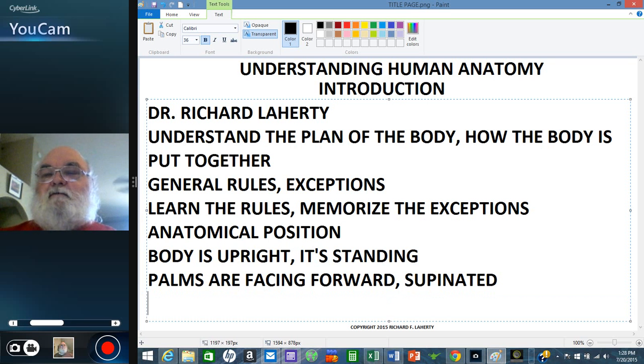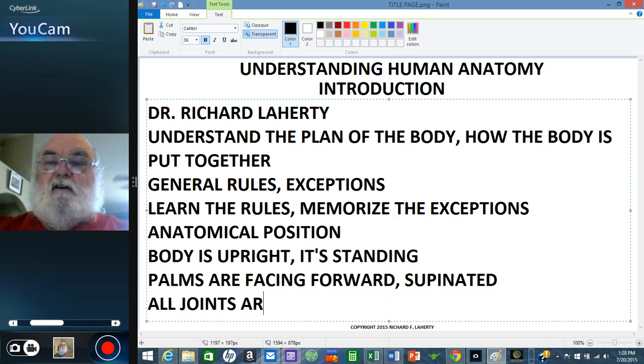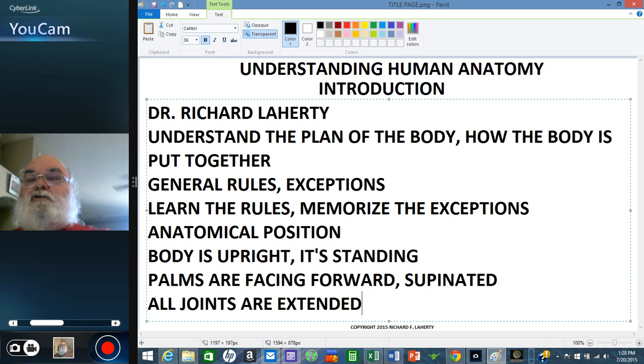One last fact about anatomical position is that all joints are extended in anatomical position. This gives you a starting point for looking at and studying the actions of the various joints and of the muscles on those joints.